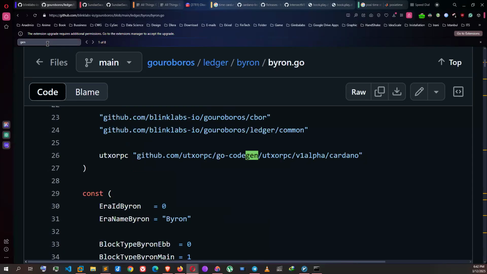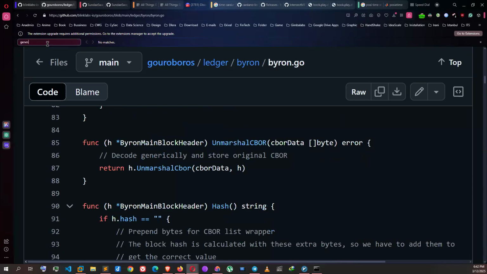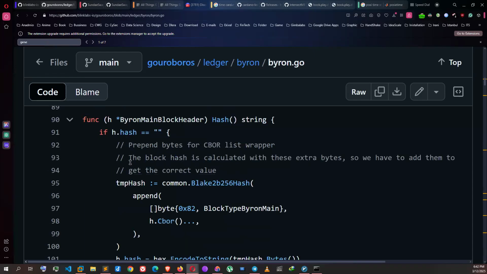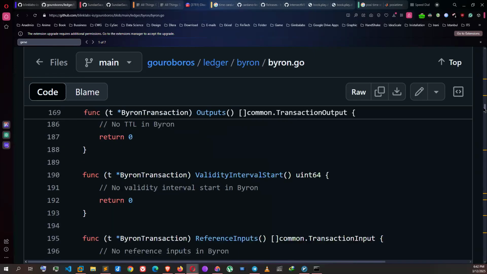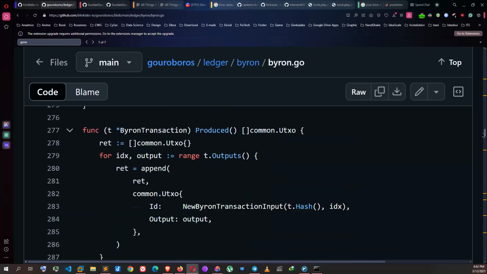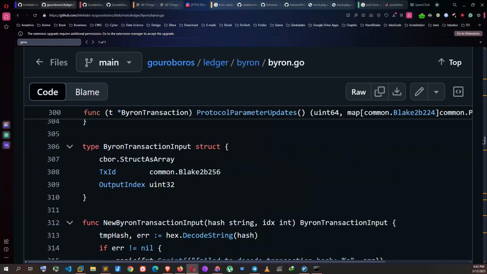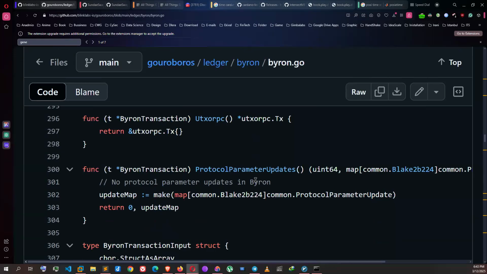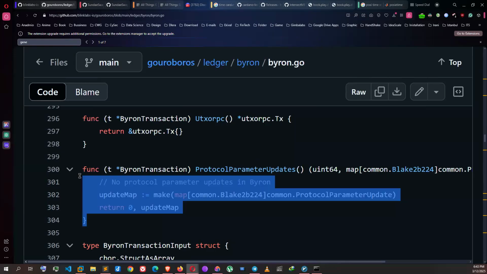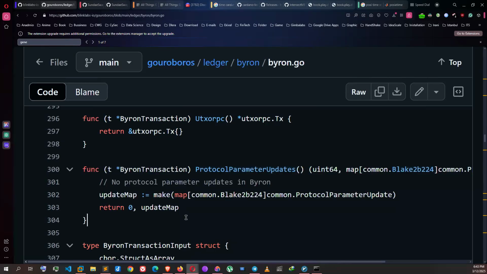Probably. Never mind. Let's go down. Fee, collateral. Yeah, so there you go. Protocol parameter updates gives you an idea of the shape.